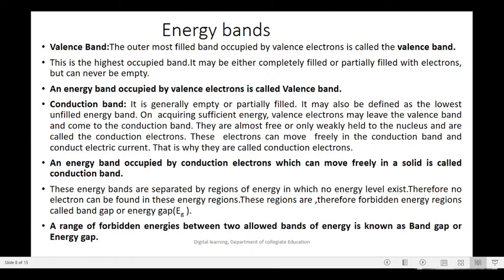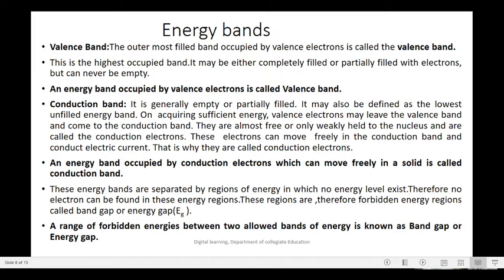An energy band occupied by valence electrons is called the valence band. Conduction band: it is generally empty or partially filled. It may also be defined as the lowest unfilled energy band. On acquiring sufficient energy, valence electrons may leave the valency band and come to the conduction band.